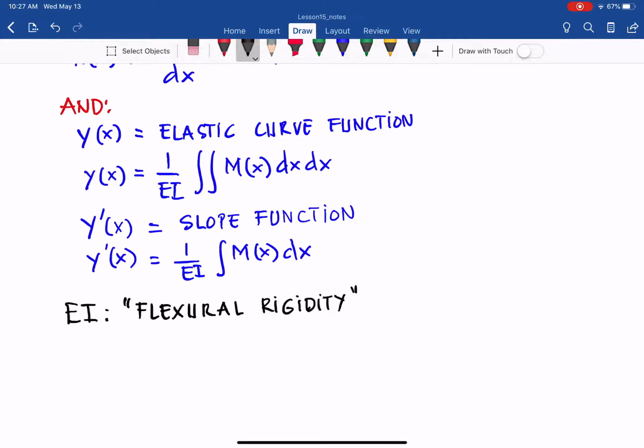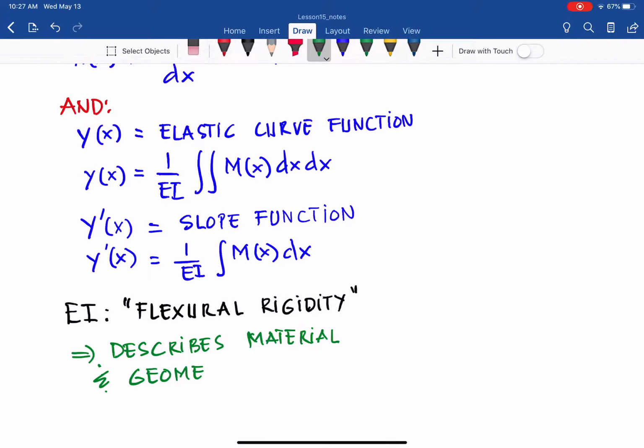So it describes the material and geometric stiffness of the beam.